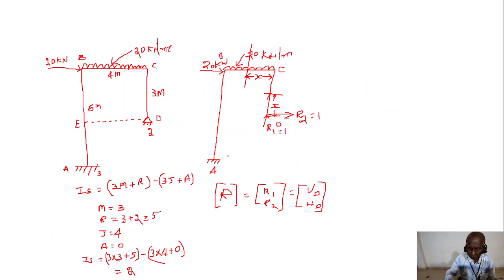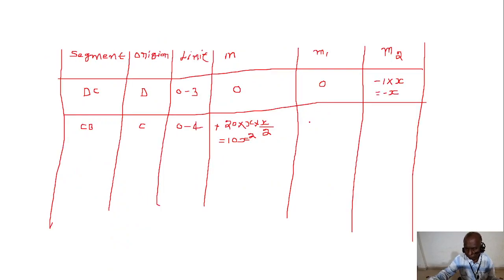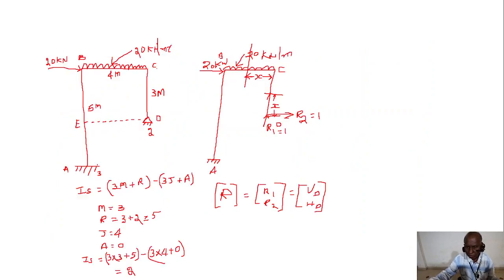Next, M1 due to R1. R1 into X, anti-clockwise direction, so minus 1 into X. So this is minus X. Next, due to R2, R2 into the distance 3.